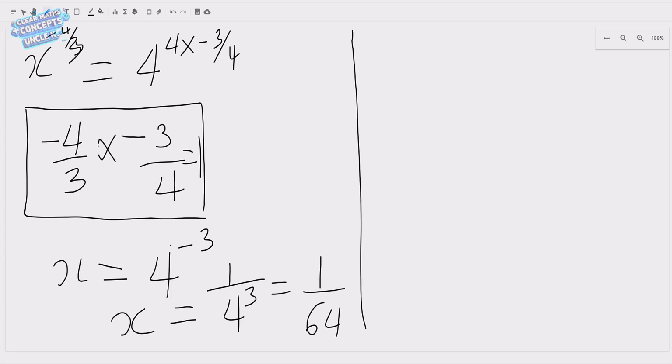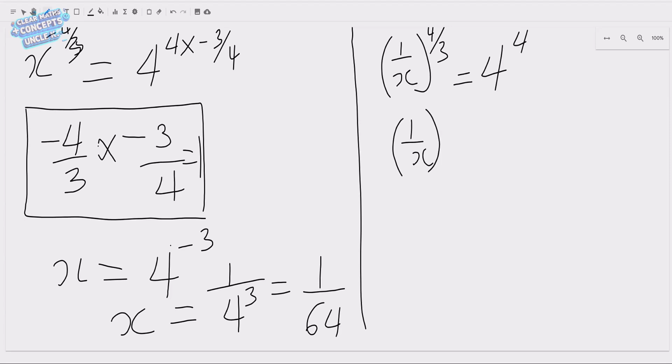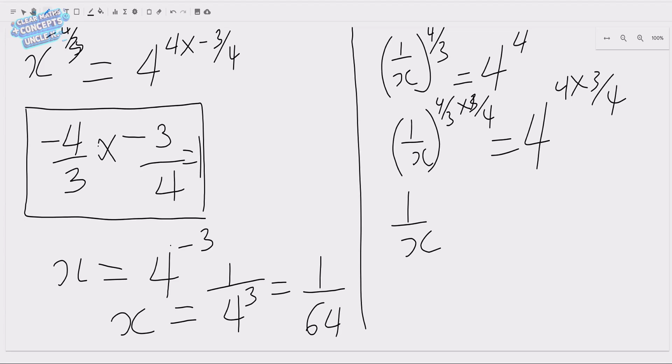But we can just do it straightforward, so as not to bring confusion. This will give you 1 over x. So 4 over 3 times 3 over 4 is 4 raised to the power 4 times 3 over 4.